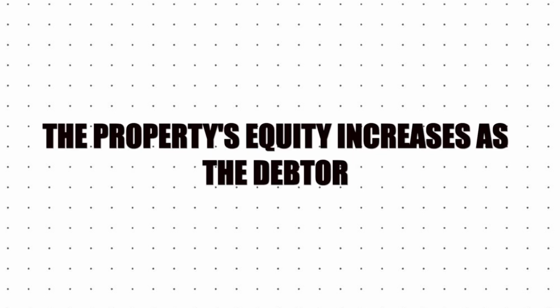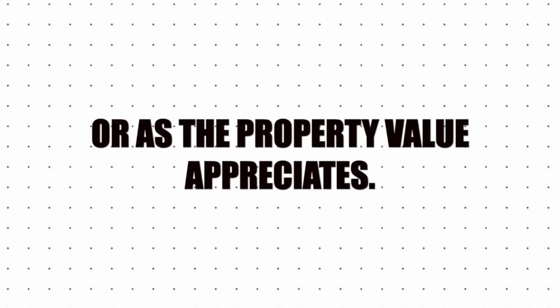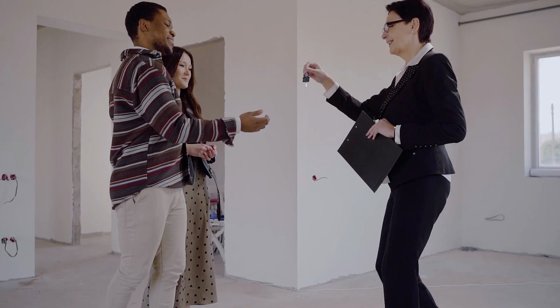The property's equity increases as the debtor makes payments against the mortgage balance, or as the property value appreciates. So in essence, it is the process by which a homeowner buys a house, pays the interest plus repayment whilst the property value goes up. Whatever the difference is between the loan and the current fair market value is what we call equity.